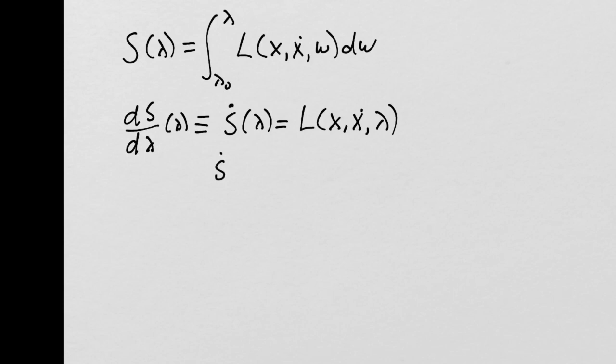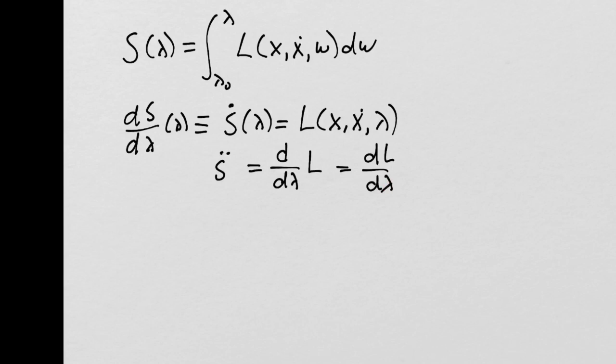And the s double dot is going to be, therefore, the derivative of L with respect to lambda, which is dL d lambda. So this path length's first derivative is in fact this Lagrangian, and its second derivative is the derivative of this Lagrangian with respect to lambda.